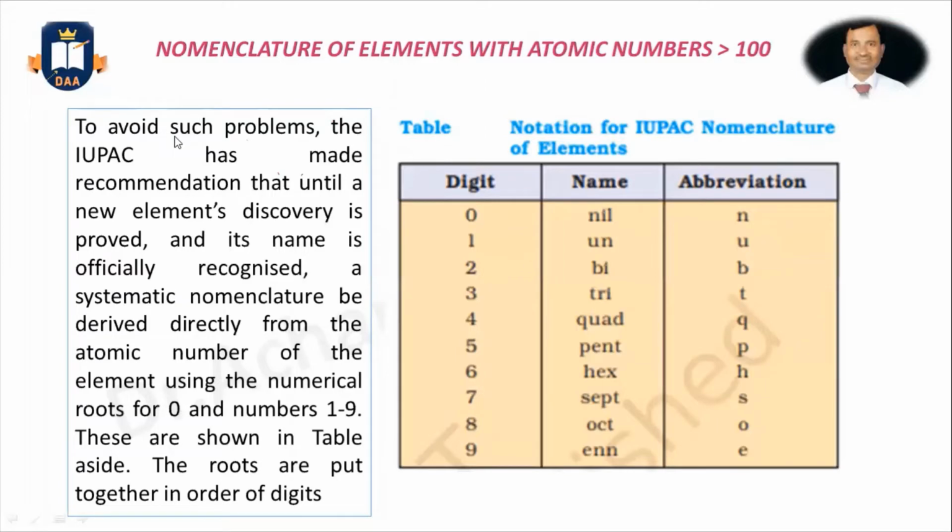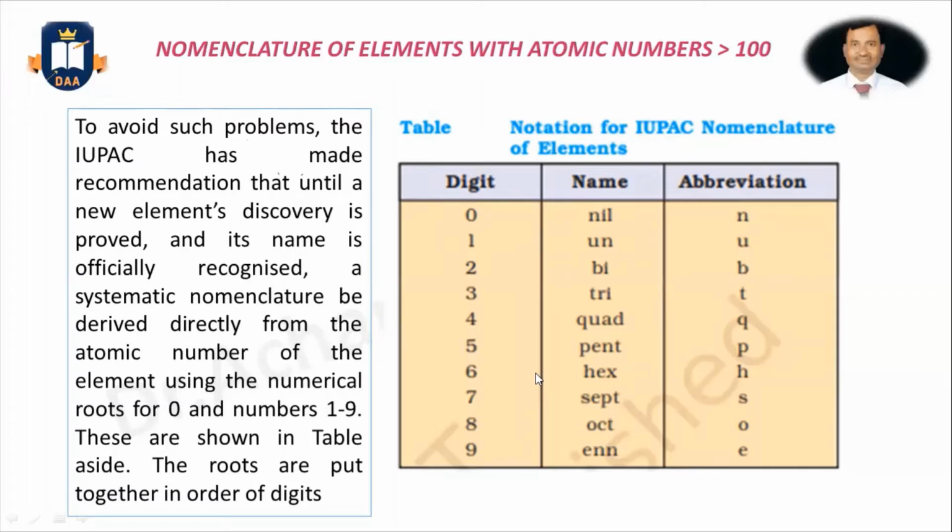So to avoid such problems, the IUPAC has made a recommendation that until a new element's discovery is proved and its name is officially recognized, a systematic nomenclature be derived directly from the atomic number of the element using the numerical roots for 0 and numbers 1 to 9.